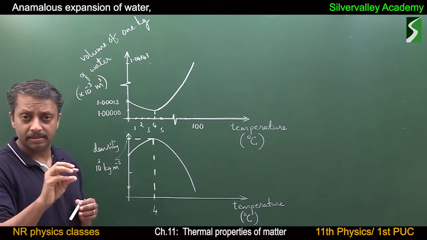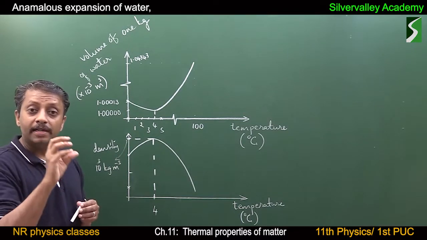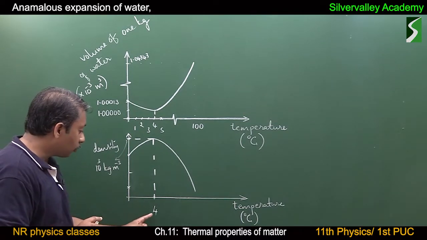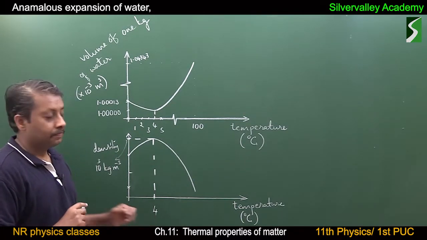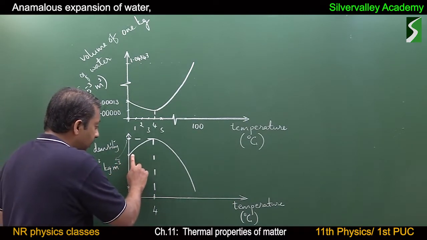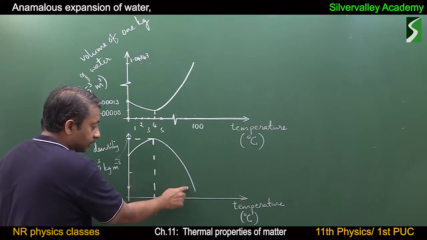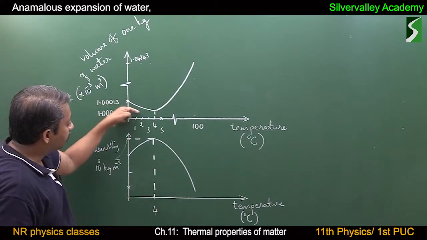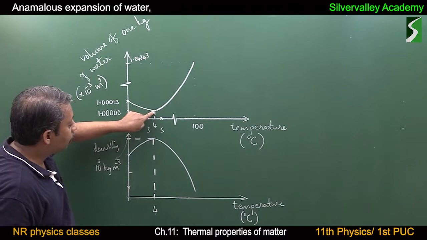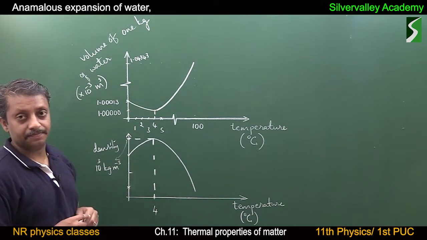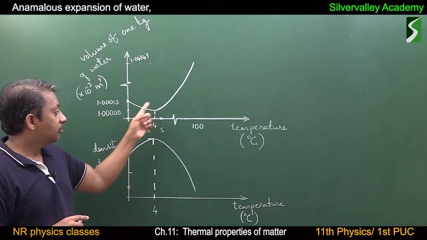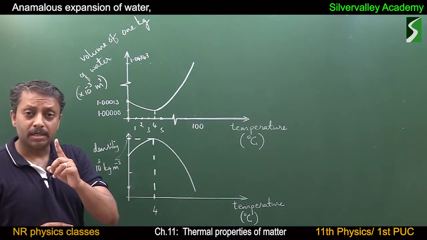We have used this value, isn't it? So that density is defined at 4 degrees Celsius. So density increases, becomes maximum at 4 degree. After that, density decreases because volume decreases and volume is minimum at 4 degrees Celsius. So these two graphs can be asked for 1 mark each.